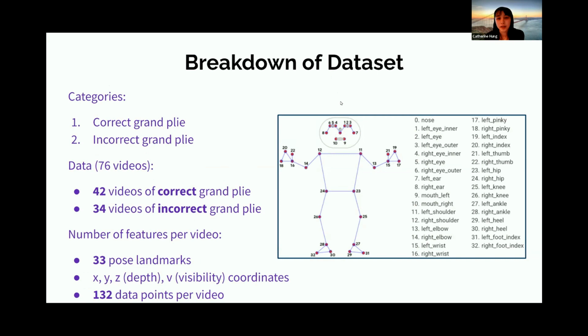For each frame of the video, these are the 33 pose landmarks that MediaPipe maps out, ranging from left shoulder to right ankle. For each pose landmark, MediaPipe tracks the X and Y coordinates, like the position, the depth, and the visibility. So therefore, there are a total of 132 data points per frame.